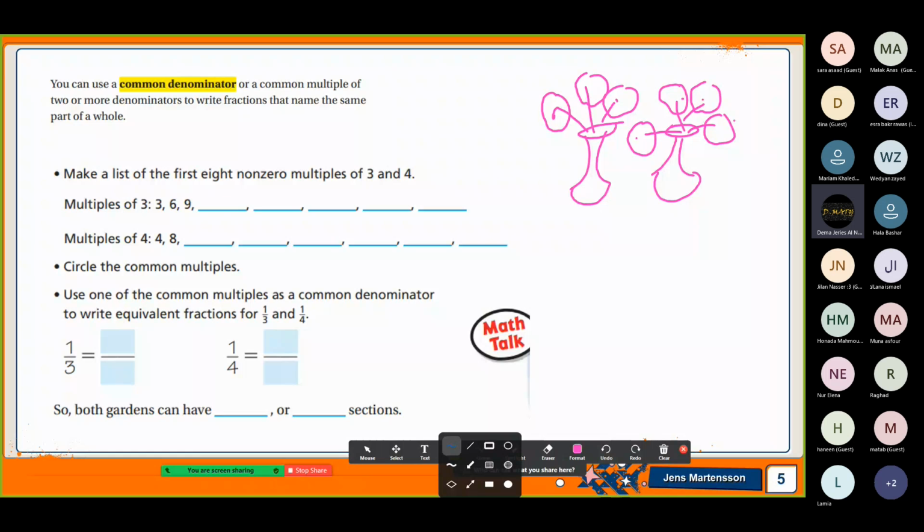Then one had 3 sections of flowers and the other had 4 sections of flowers. She plans to divide both gardens into more sections so they have the same number of equal sized fractions. So how many sections will each garden have? What do I mean? I mean like here, she wants to plant a section.